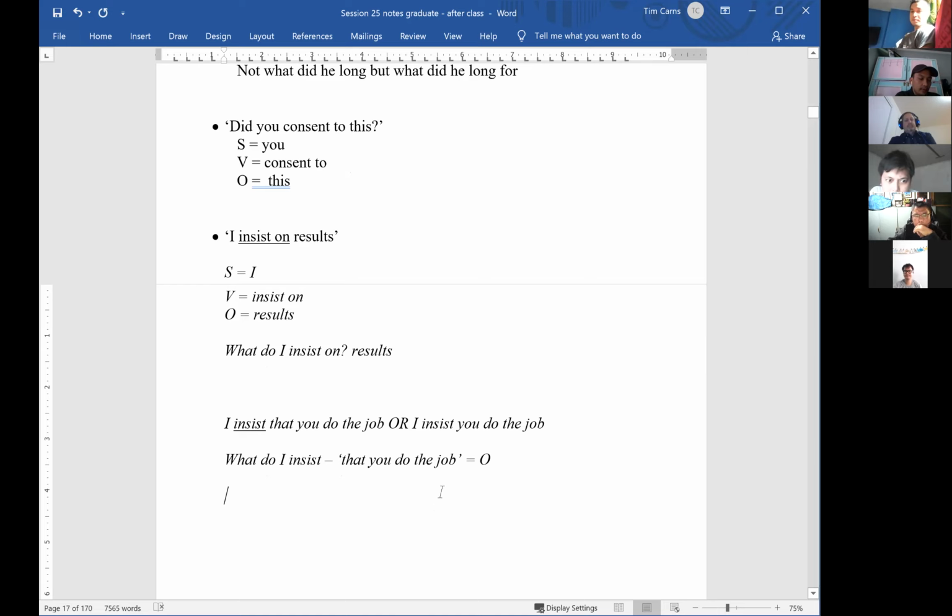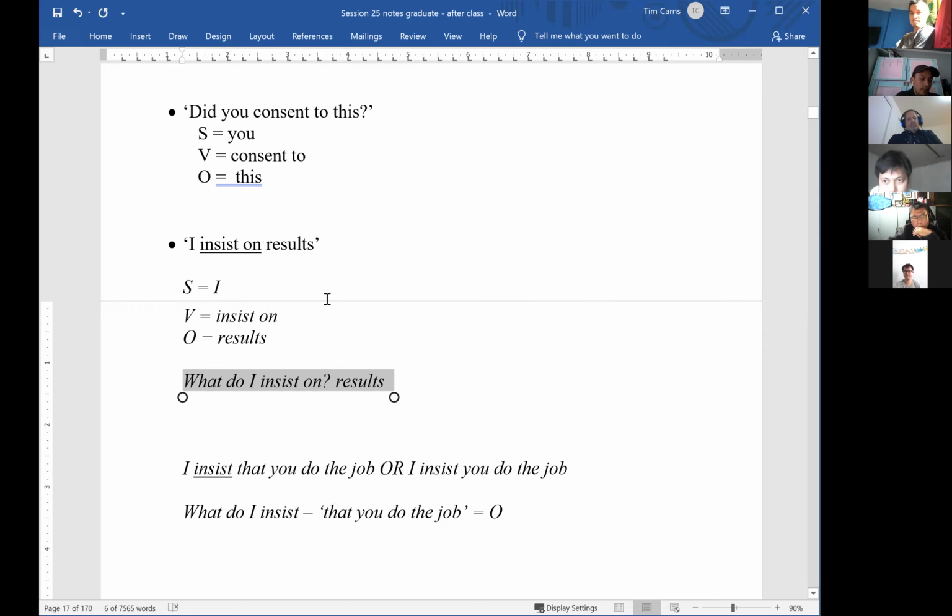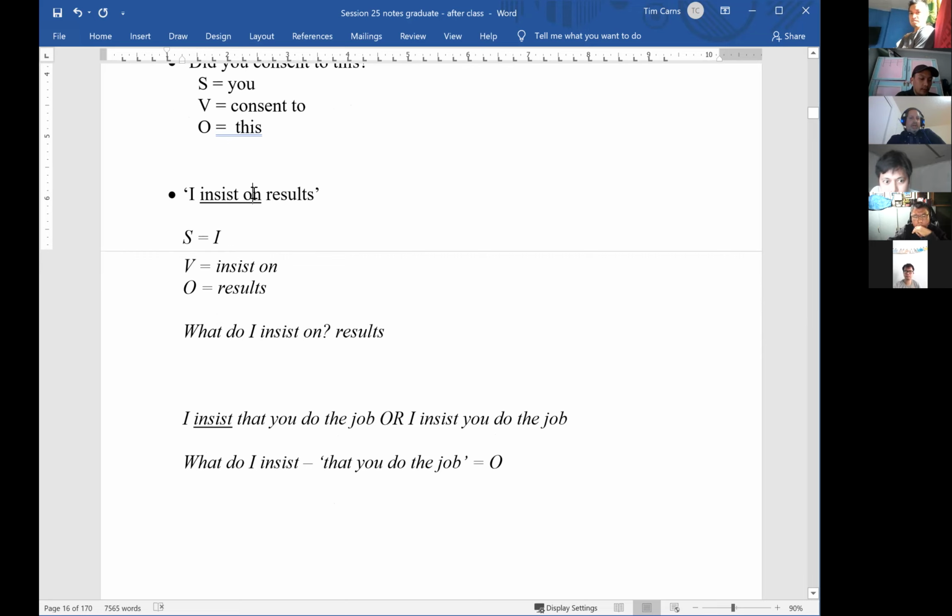Whereas when it's followed by a preposition, that's when I would do this check. If it's an SVO structure, by asking the question, I would not ask, what do I insist? You'd ask this question: what do I insist on? Right. Yeah, I think that's a helpful way to think about it. It's really the existence of the preposition. That's when you're going to ask.